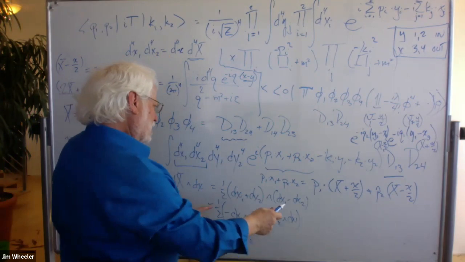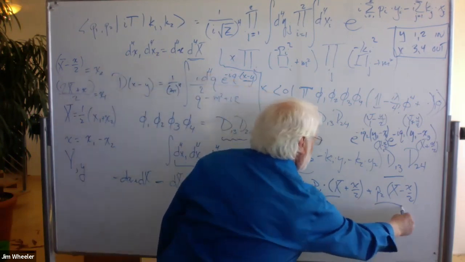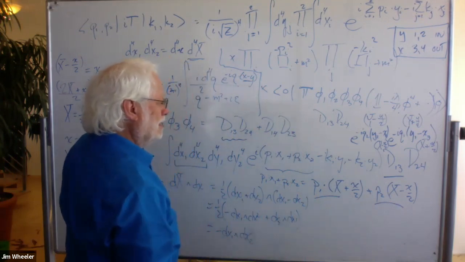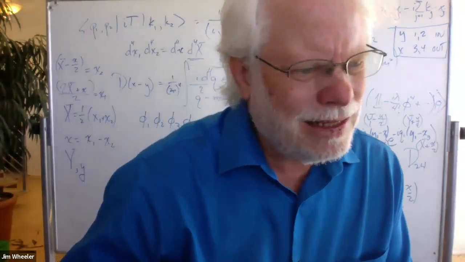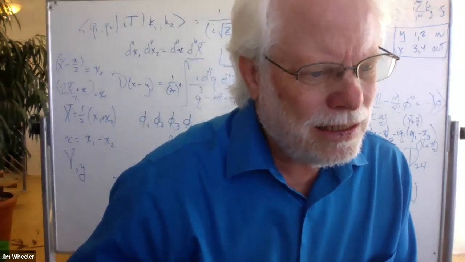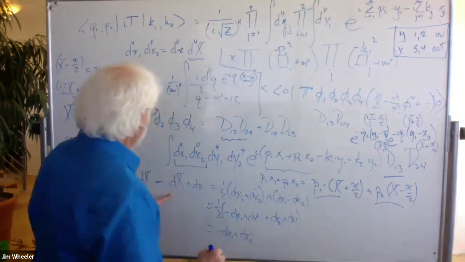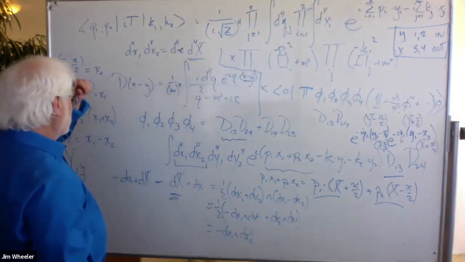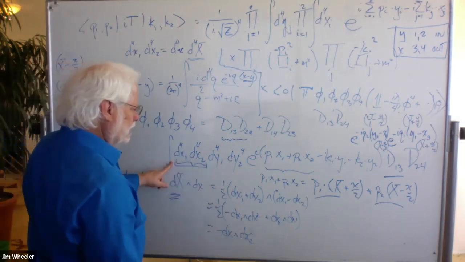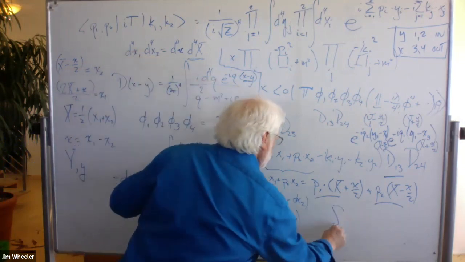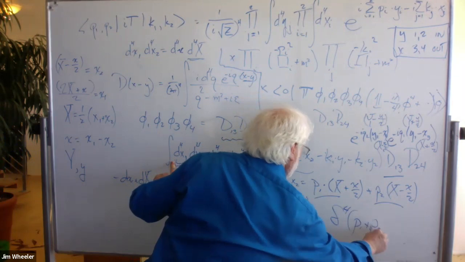And let's see, we've replaced this exponential with these guys, so we're going to get a P1 plus P2. Let's see, do we get a minus something? No, doing the d capital X integral, that's half of this, is going to give us a 4-dimensional Dirac delta function in P1 plus P2.